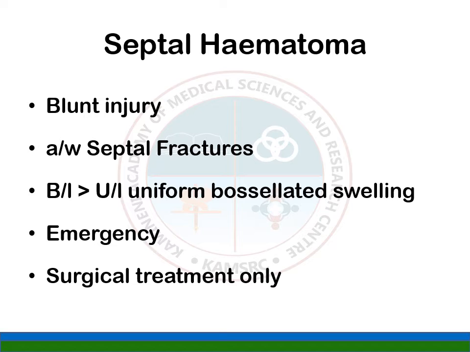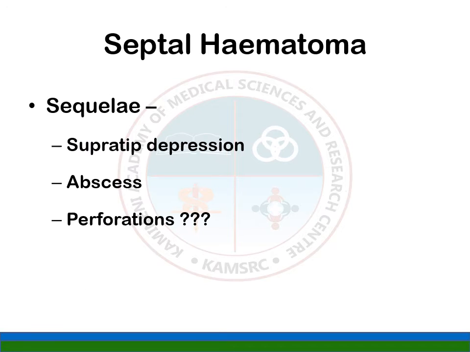But because we remember all hematomas, what are the sequelae? What do you mean by sequelae? Sequelae are what happens if we leave any condition to its natural progression. What will it lead to? The most common would be the supratip depression. Why? Because there is a loss of cartilage along the site of the hematoma.